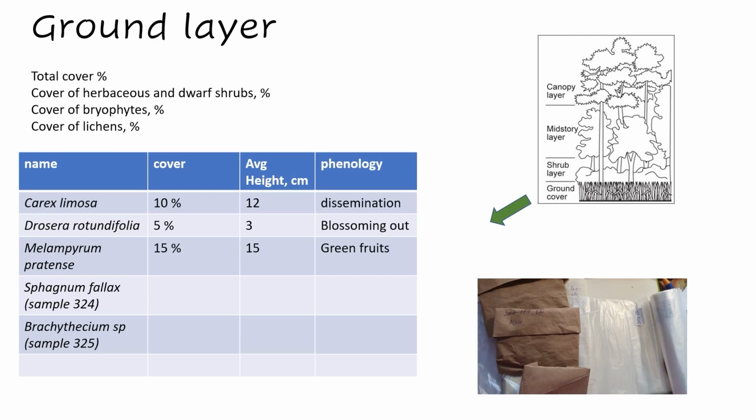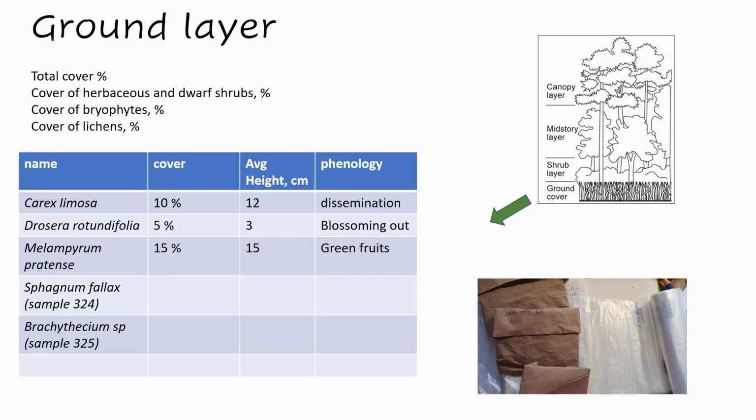and again phenology. So my advice is, first of all, to make the list of all plants from the plot, then come back and give their characteristics, the average height, the average phenological status, and then give them percentage.